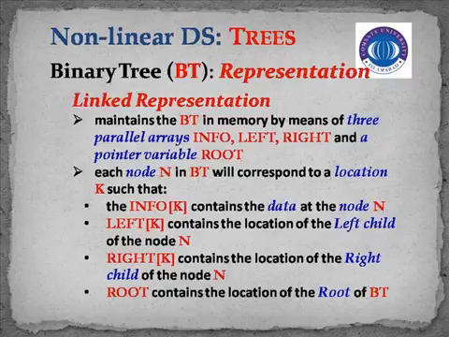Each node n in the binary tree corresponds to a location k such that info of k contains the data at the node n. Left of k contains the location of the left child of the node n, whereas right of k contains the location of the right child of the node. Root contains the location of the root of the binary tree.